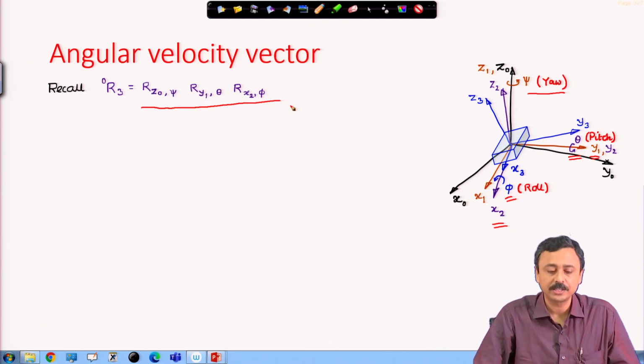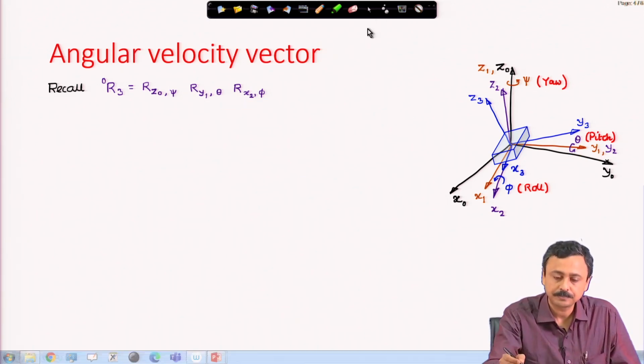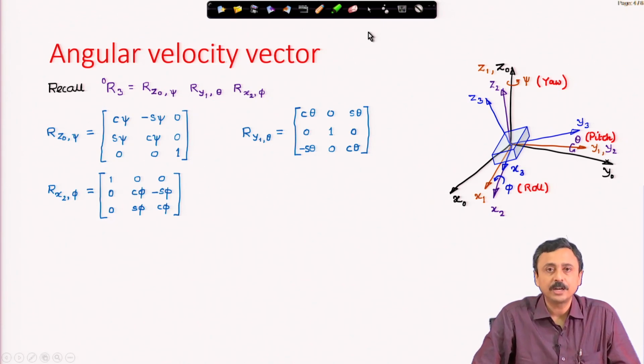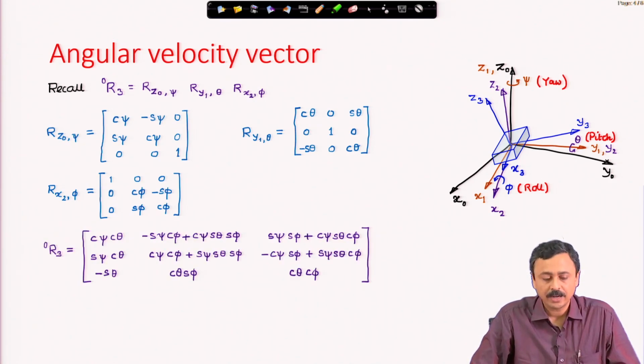These were the fundamental rotation matrices about z0, y1, x2 by angles psi, theta, phi respectively, and we multiplied these 3 rotation matrices in that sequence and obtained this expression of the rotation matrix. This is quite a complex expression, and I will leave it to you to check this by multiplying these 3 matrices.